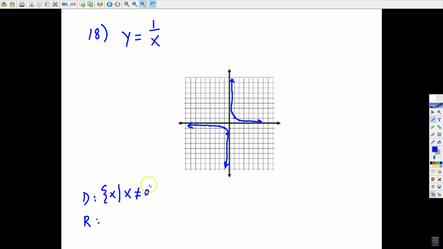So basically we're describing every single number except 0. And that's true for the range as well. All numbers except 0 for the y's.